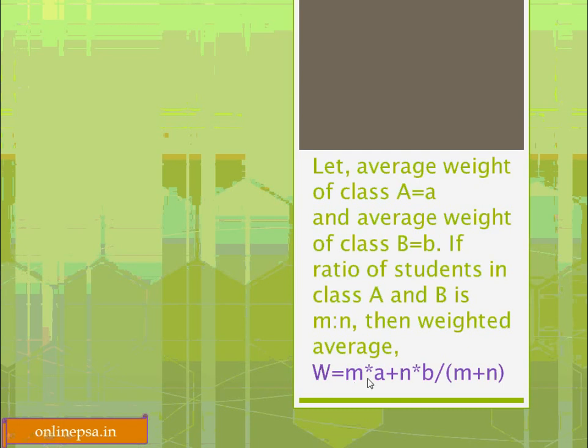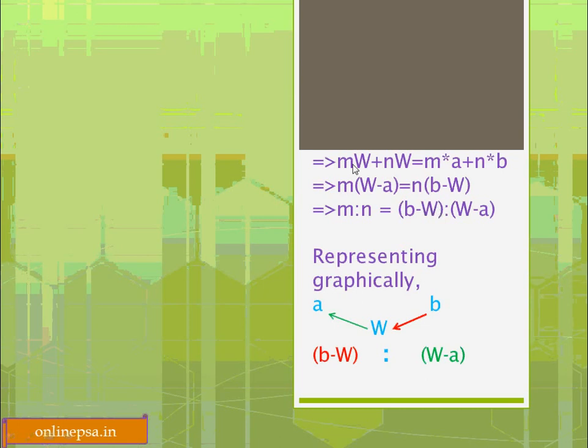W, the weighted average, will be given as MA plus NB divided by M plus N. When we cross multiply, we should get MW plus NW is equal to MA plus NB. And upon rearranging, we should be seeing M is to N is nothing but B minus W is to W minus A. This is same as what we already saw when we mixed the milk solution of 50% and 80%.